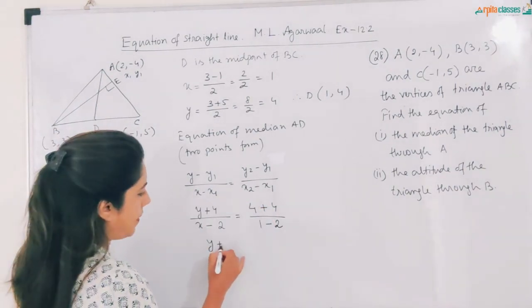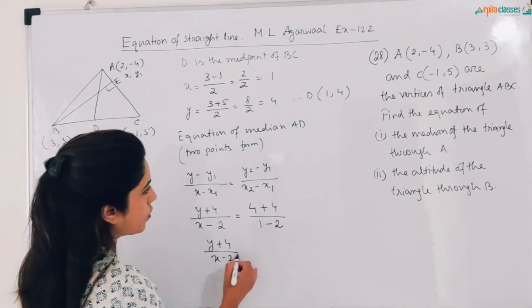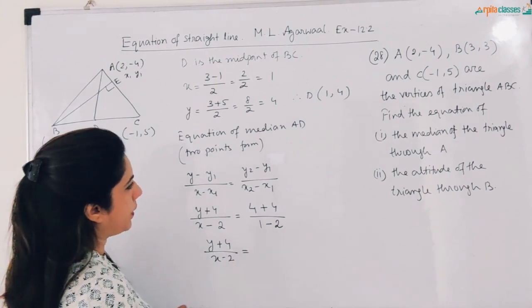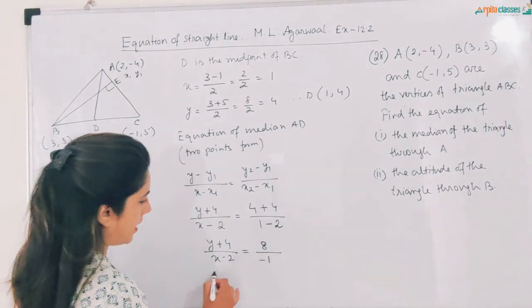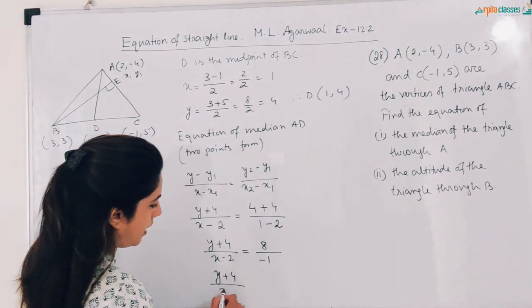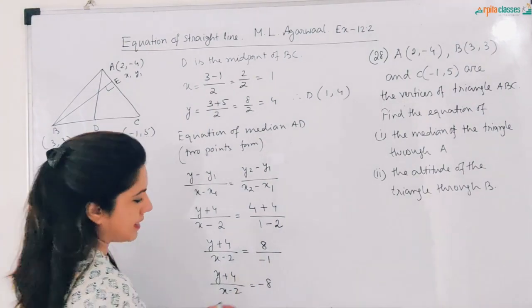So it will become y plus 4 upon x minus 2 is equal to 4 plus 4, 8 upon minus 1. So that is y plus 4 upon x minus 2 is equal to minus 8.